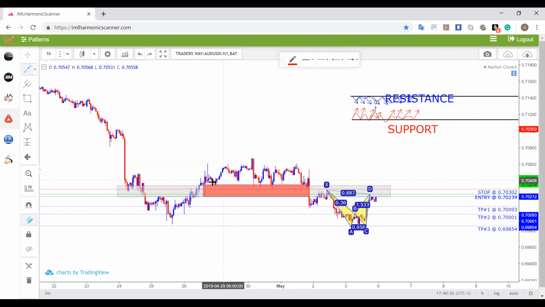Did price touch this zone, go up, touch this zone, go up, touch this zone, go up, touch this zone, go up, touch this zone, up, up, up.